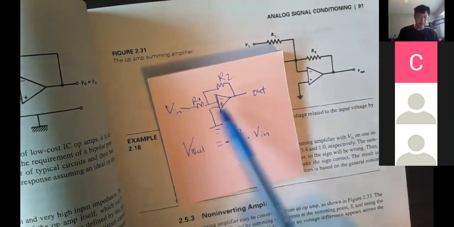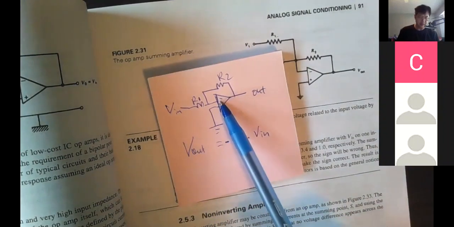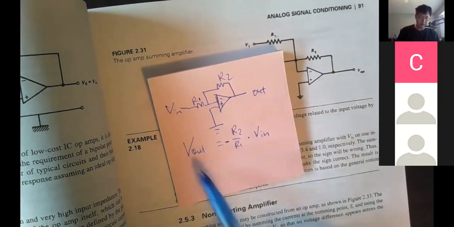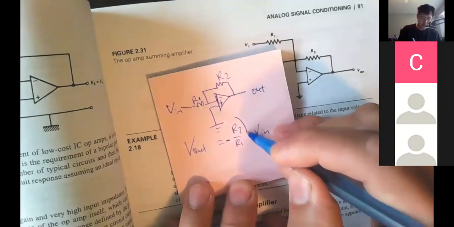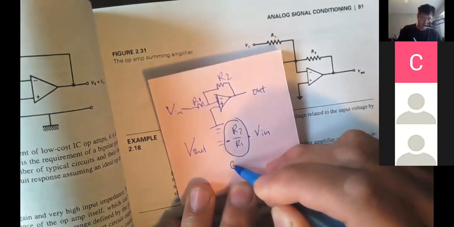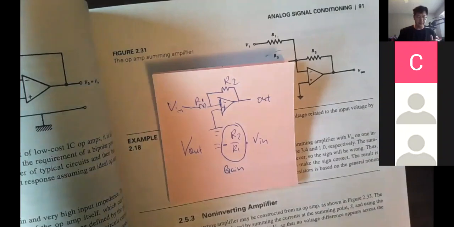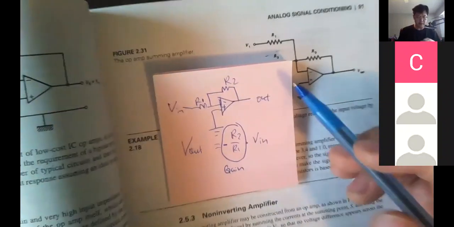The input signal goes to the negative terminal of the op amp, and the output is multiplied by this, which is called a gain. That's a gain that depends on the ratio of two resistors.